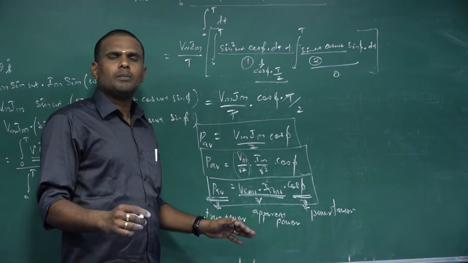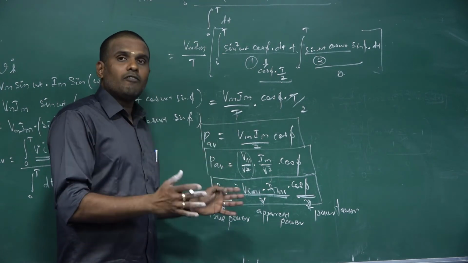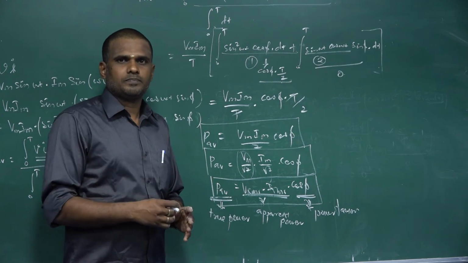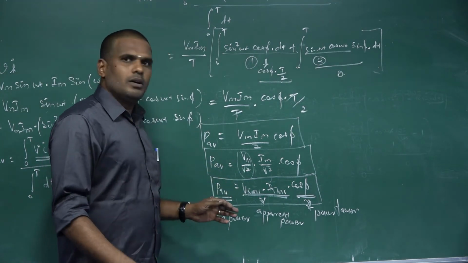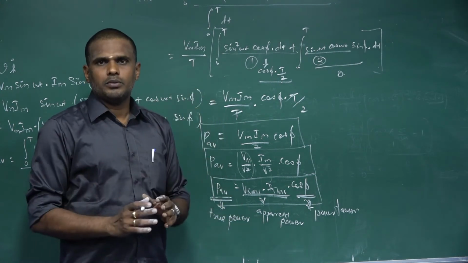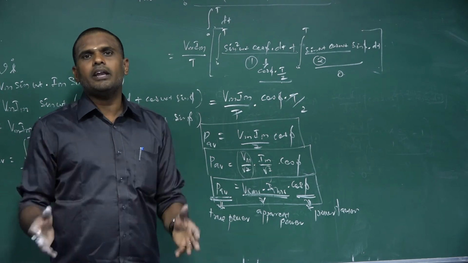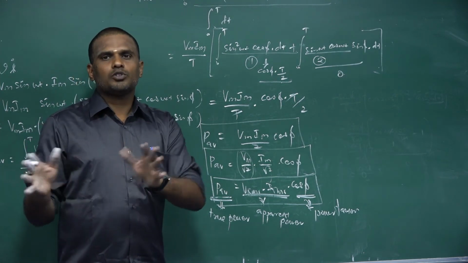Then what is apparent power? Apparent power is the sum of true power and the wattless power. We are going to discuss that. So, if 100 rupees is given to you, 50 rupees is spent in a useful way, and the remaining 50 rupees is not at all used by you.